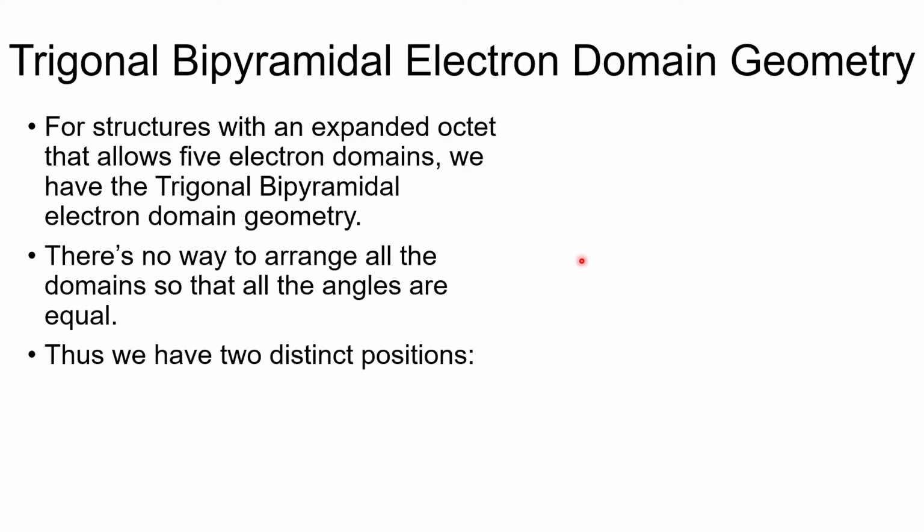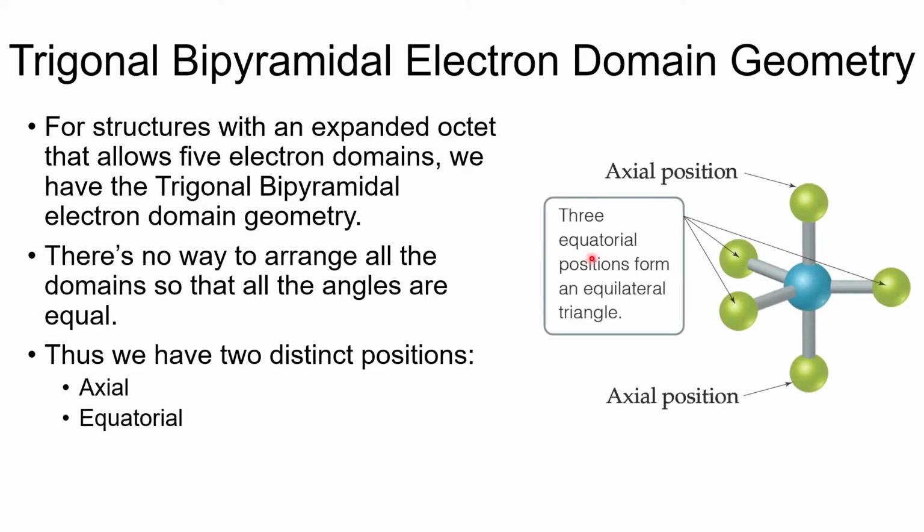As a consequence, we end up having two distinct positions on a trigonal bipyramidal electron domain geometry. And that is, we have the axial position and the equatorial position.